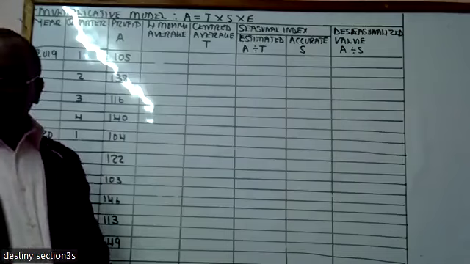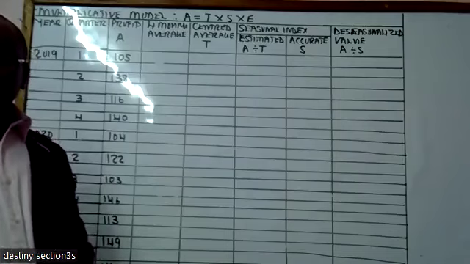You take the first four values, you add them, then you divide by 4. Give me the answer. 124.75. Now that is written in between here.